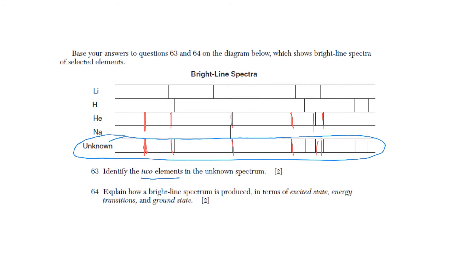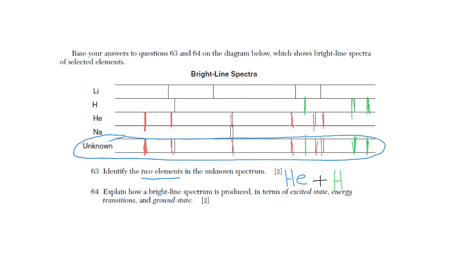But notice we also have some lines that are unaccounted for. So in addition to helium, we would also have a different element present. So we also have these lines right here, and those look like they come from hydrogen, and then this line too is from hydrogen. And that's how we would know that there was only two of them, because now we've accounted for all of the lines. And then of course the question also said two.